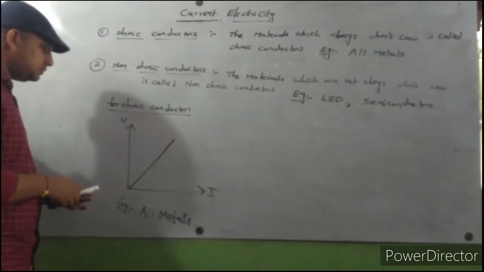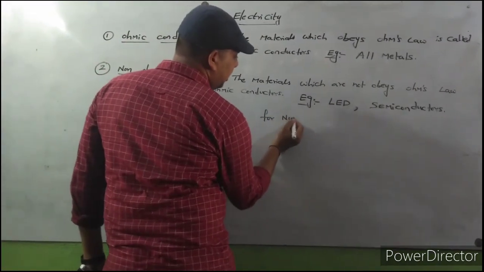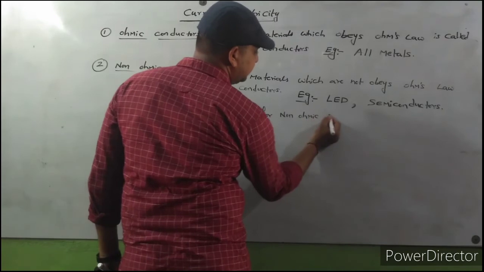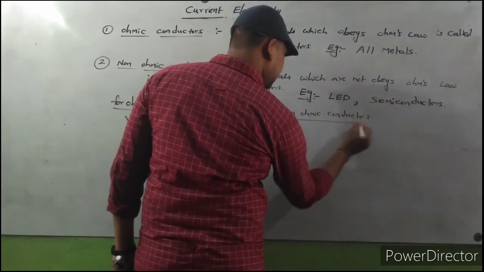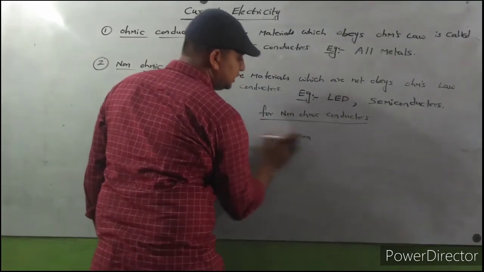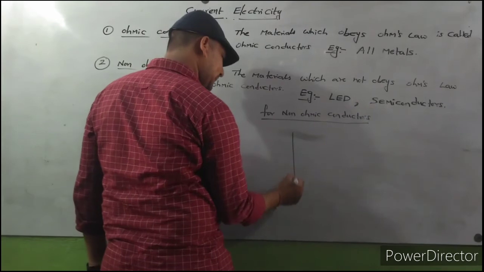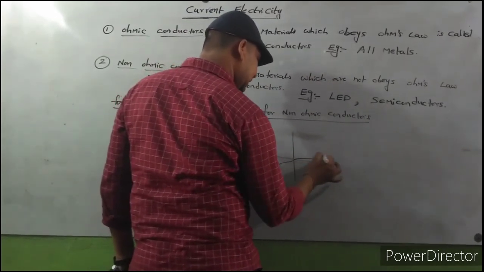Next, for non-ohmic conductors, the best example we consider is a semiconductor. How should the graph be? For the semiconductor, the graph should be like this.